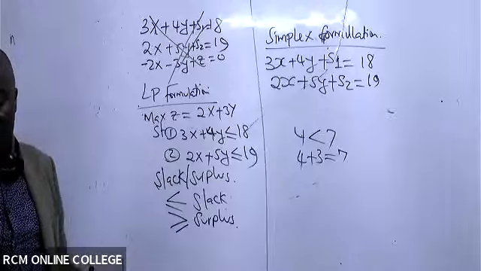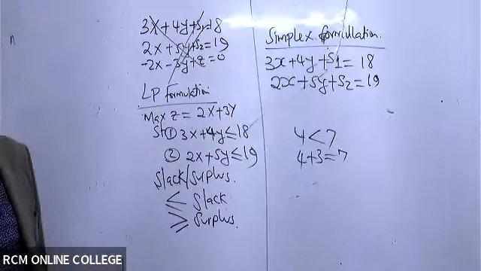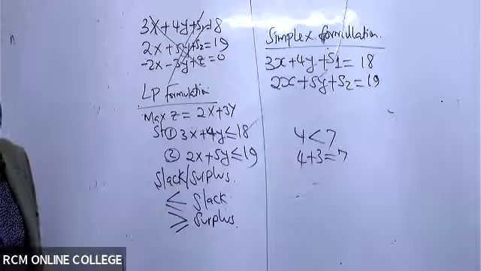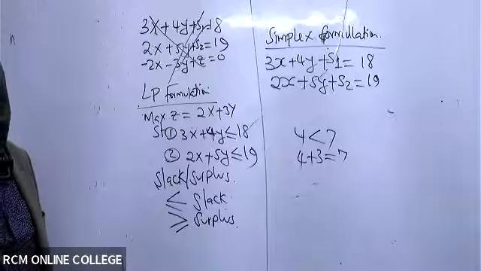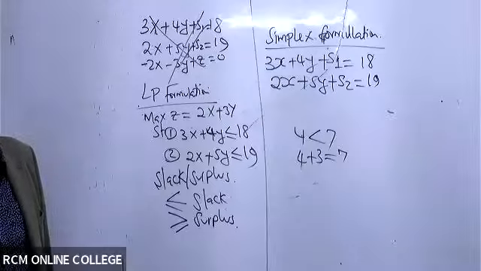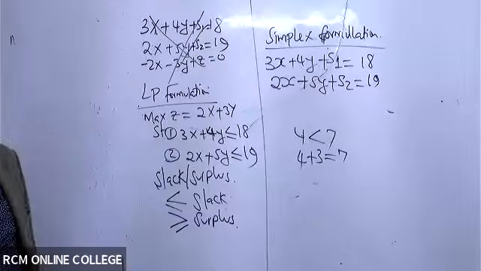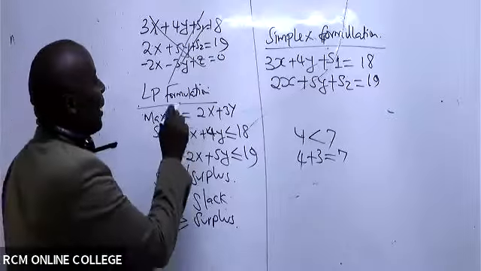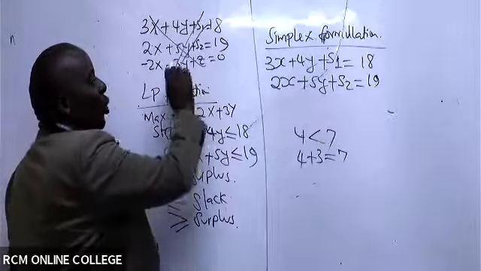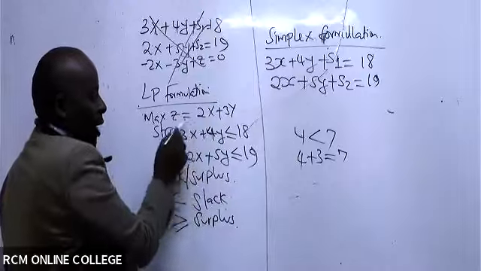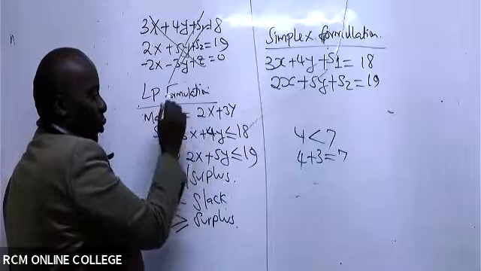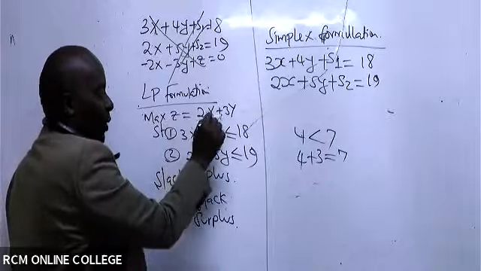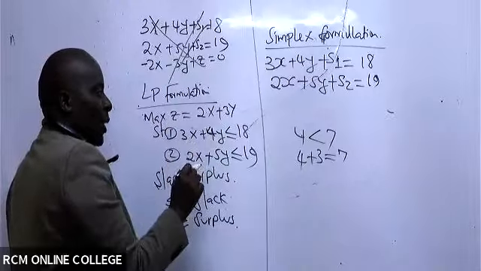So in the z formulation, the z equation must always read 0 on the other side. That means we take these 2x and 3y to the other side. Here they are positives. On the other side, they become negatives.